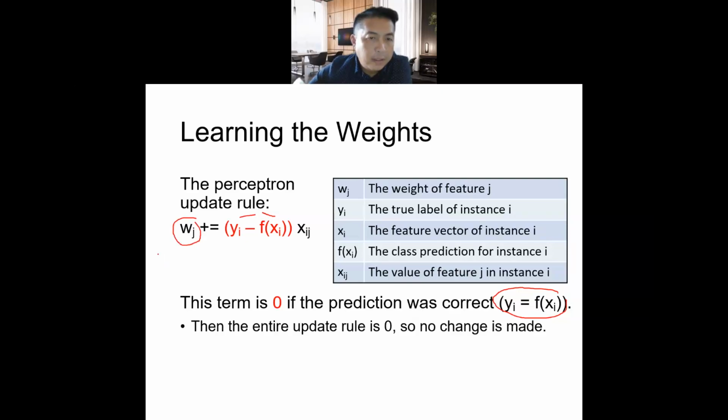So the formula here is Wj equals Wj plus (yi minus f(xi)) times xij.